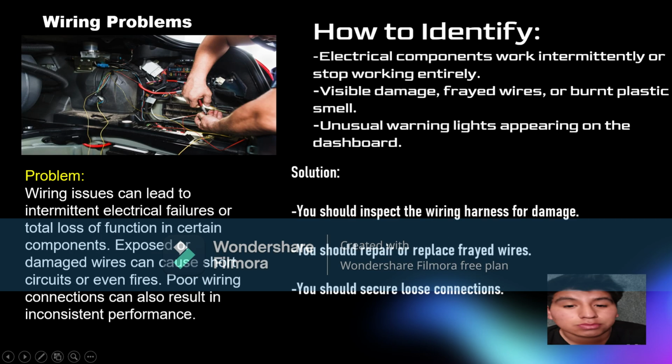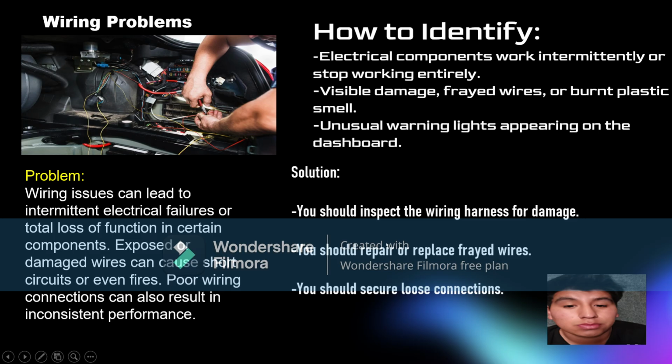Wiring problems. Problem. Faulty wiring can lead to intermittent electrical failures or total loss of function in car components. Exposed or damaged wiring can cause short circuits or even fires, while worn components can result in inconsistent performance.